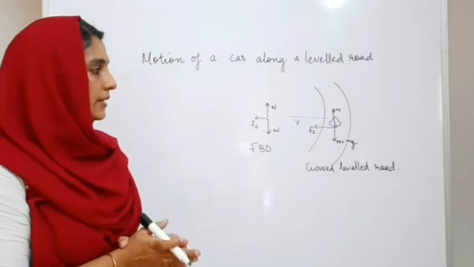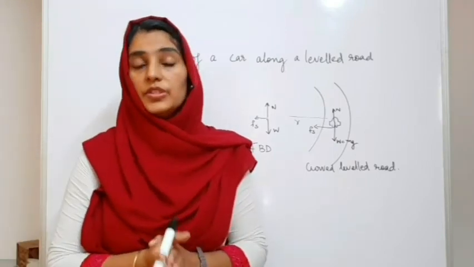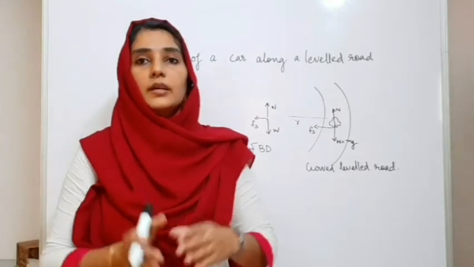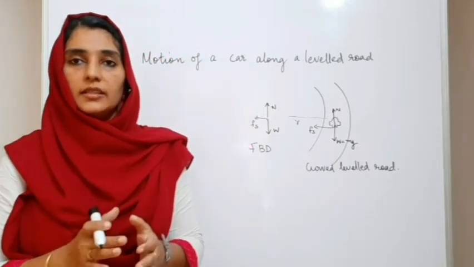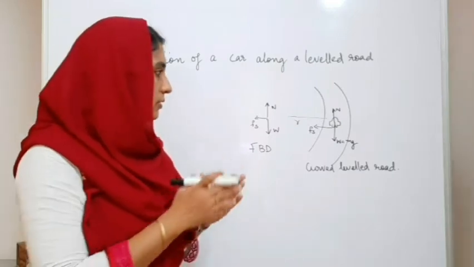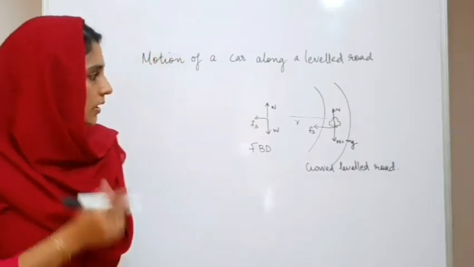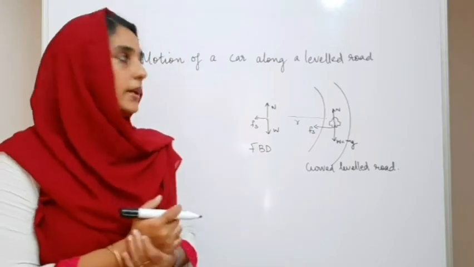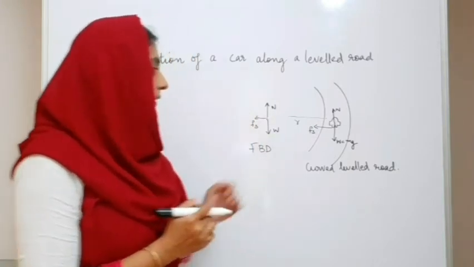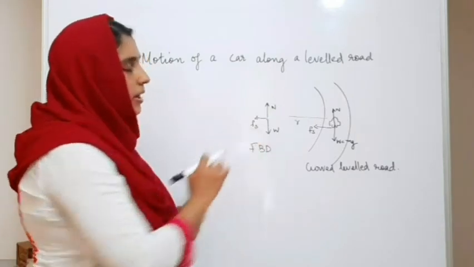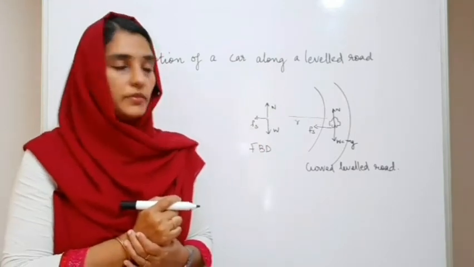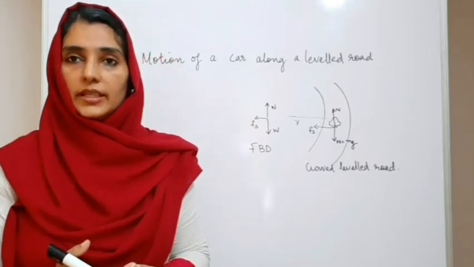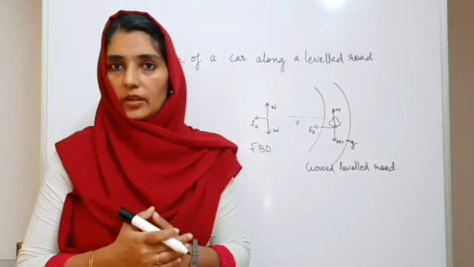Now in order to calculate the maximum speed with which this car can move along the circular path, we have to separately consider the forces acting along the different directions. Along the vertical direction, N and W are the forces acting, and there is no acceleration along the vertical direction, since the car is moving along the horizontal direction.